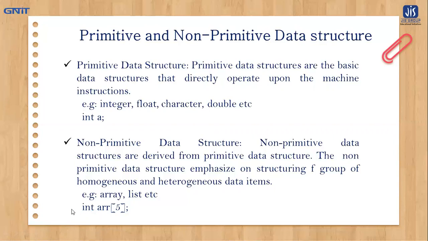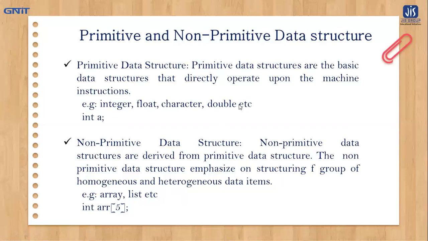We are deriving the declaration of this array from this primitive data structure. That's why this is known as non-primitive data structure. It means non-primitive data structure is always derived from the primitive data structure.